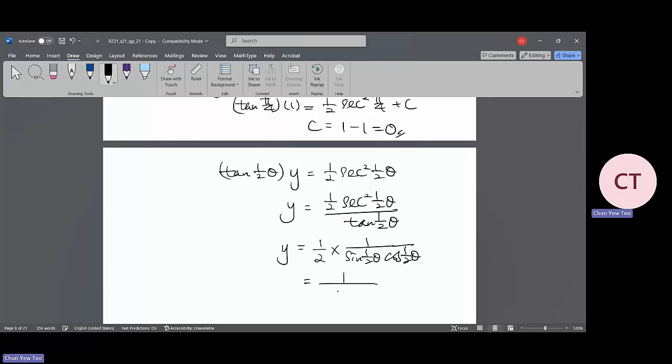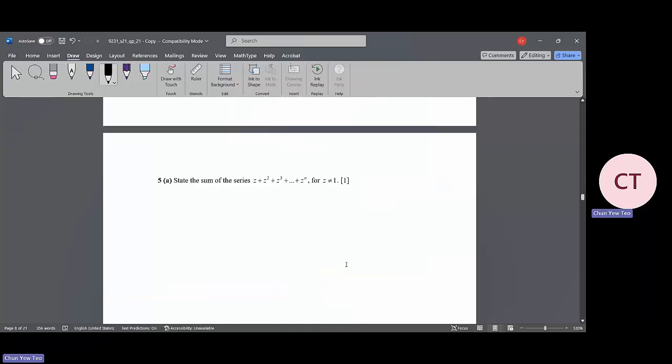So this one you have sine theta. By applying the double angle formula, this whole thing you can make it become sine theta. So your y is equal to cosecant theta. So this answer will be better. Okay, so we are done. This is the answer for question number 4. And now we move on to question number 5.